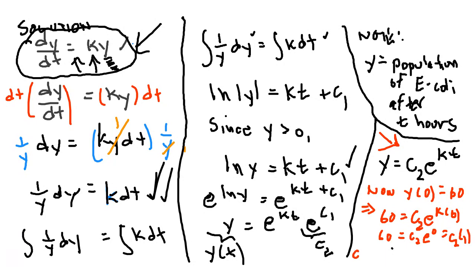So c2 equals 60, and this implies that y is equal to 60 times e to the kt power. Okay, that's what that means. So in other words, we found out what one of the constants is. Now we got to find the other constant. So are there any questions so far on what you're seeing there?